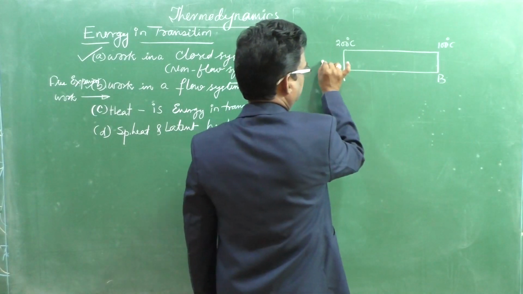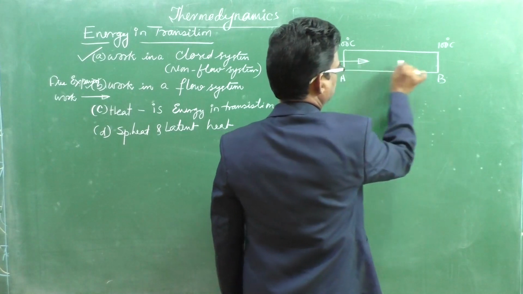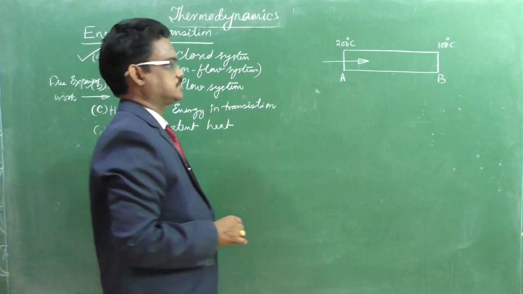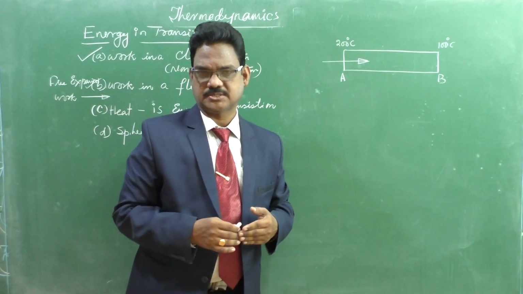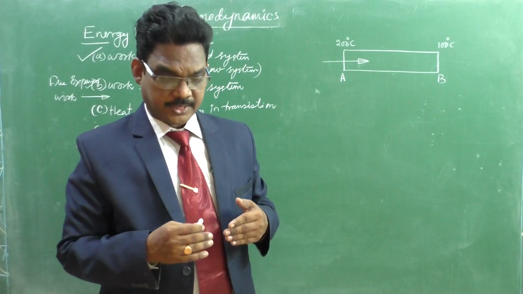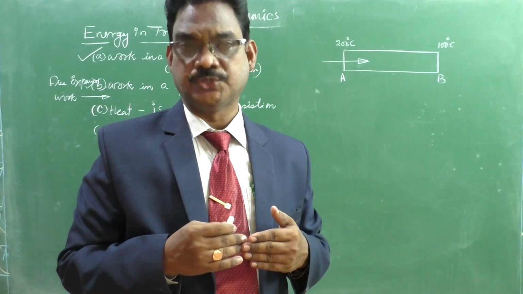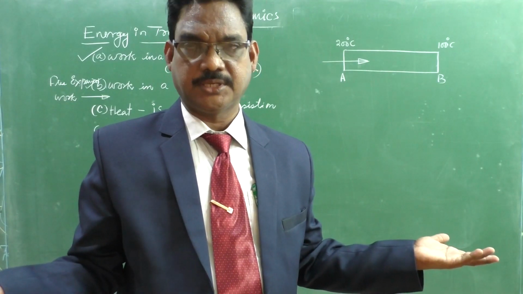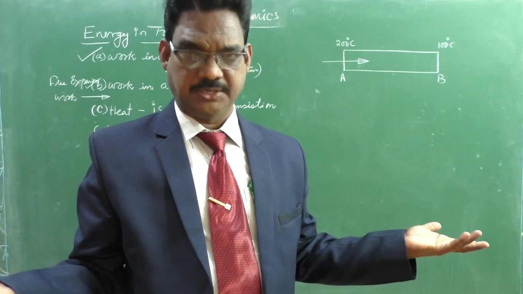Now the heat energy Q flows from phase A to phase B due to temperature difference. If the temperature difference is 0, then there is no flow of heat energy from A to B. We can say that is thermal equilibrium.